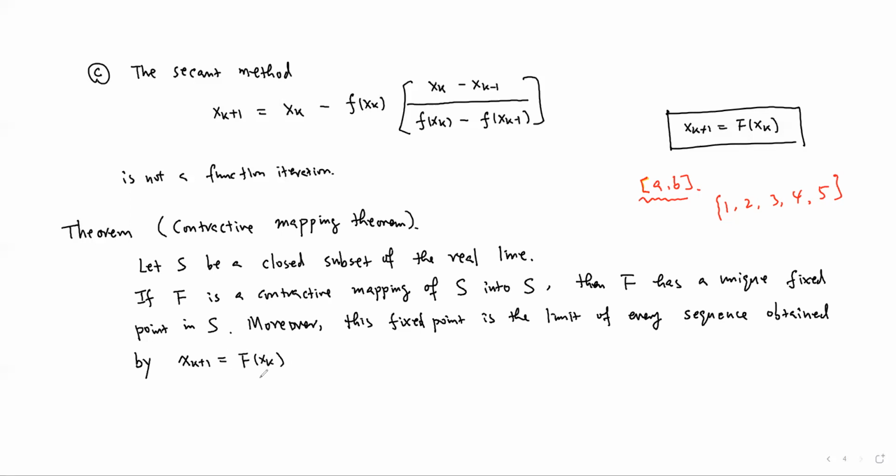Every sequence means that when the x0 initial points are different, then we have different sequences.